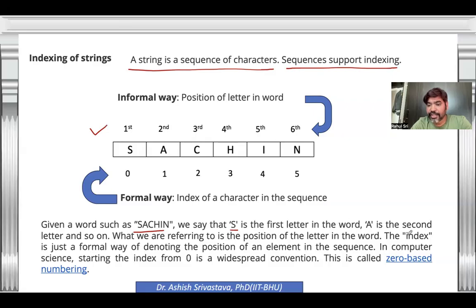Indexing is just a formal way of denoting the position of an element in the sequence, but in indexing it starts with 0. In computer science, starting the index from 0 is a widespread convention, and this is called zero-based numbering.